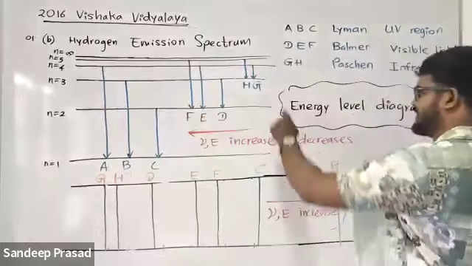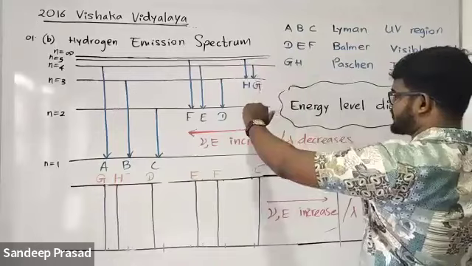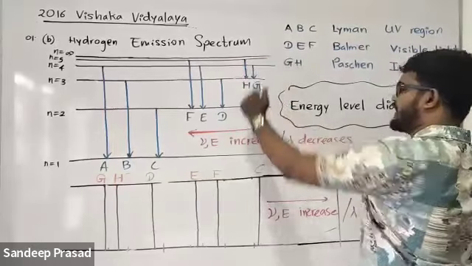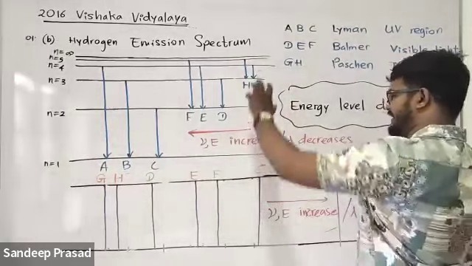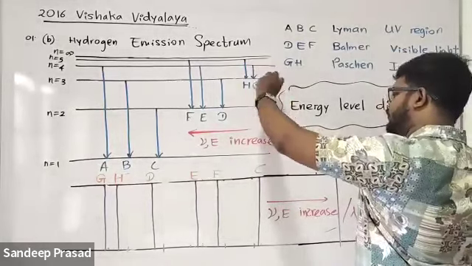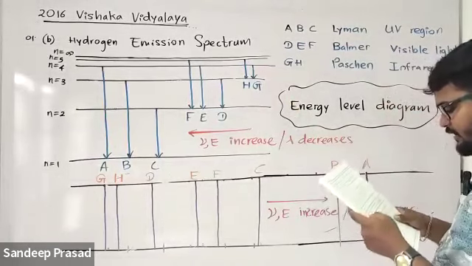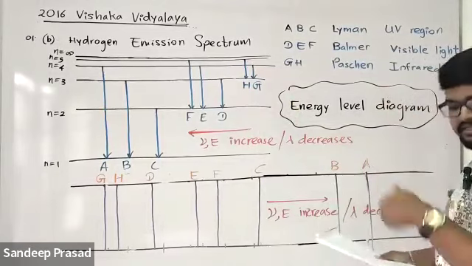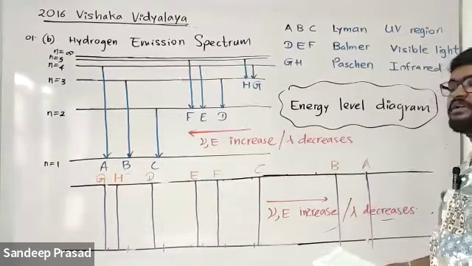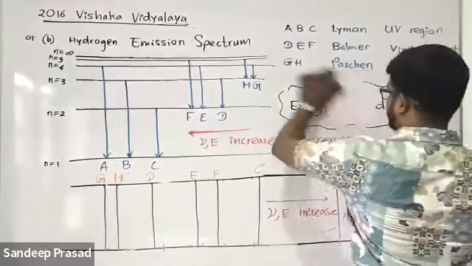So therefore, let's consider G spectral line energy in the energy level diagram: electron transition from n equal 4 to n equal 3. Then what is the energy value for n equal 4 and what is the energy value for n equal 3? And let's calculate the corresponding frequency for that energy gap, right? Let's see.